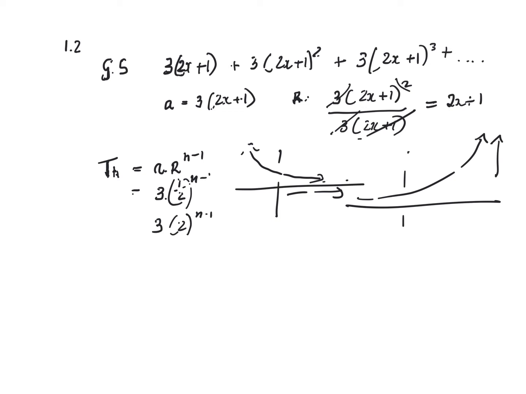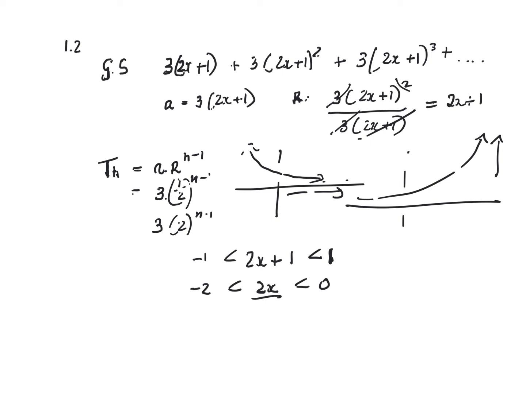So if they ever ask you for which values of x is this series convergent, all you're going to do is say it is going to converge where my r value must be smaller than 1 and bigger than minus 1. And then you're going to treat this as an inequality. So the first thing we have to do is minus 1 from both sides. So that gives me 0, and that gives me minus 2.